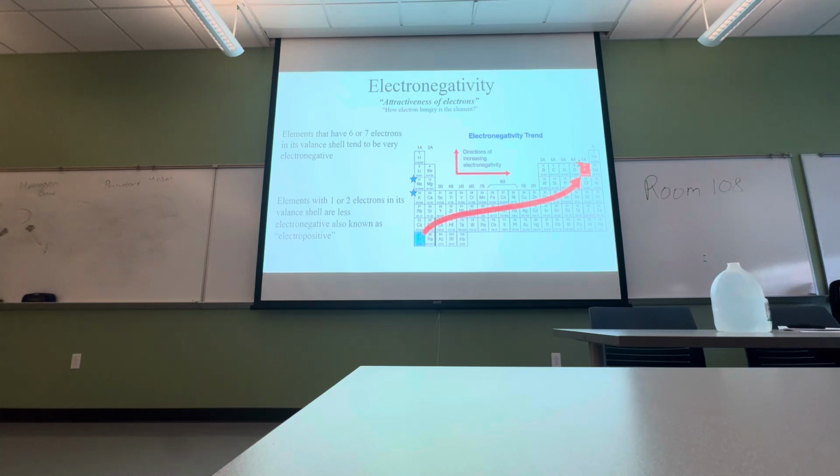What charge are electrons? Electrons are negative. What happens is that when electrons spend most of their time with an element, you form what's called a partial charge. Oxygen by itself is a neutral atom, with no charge.